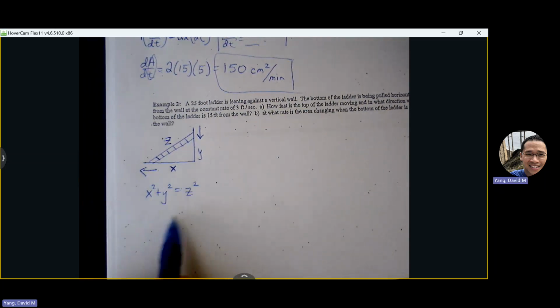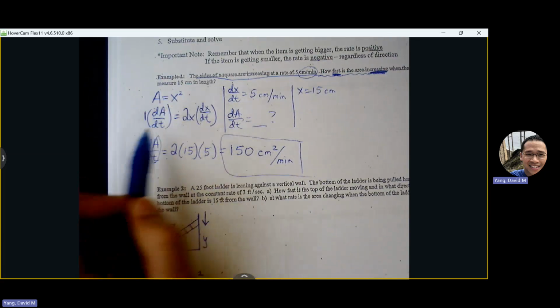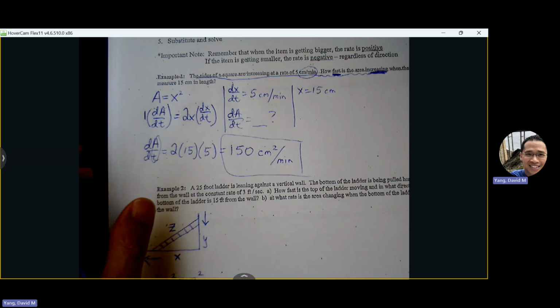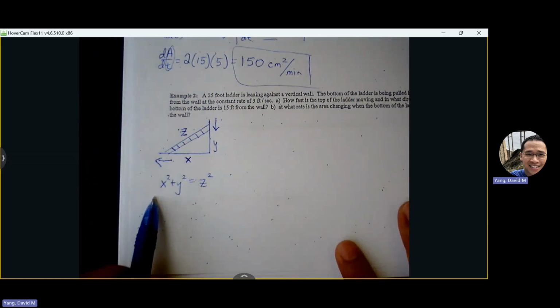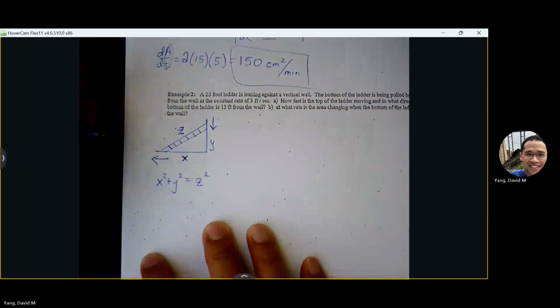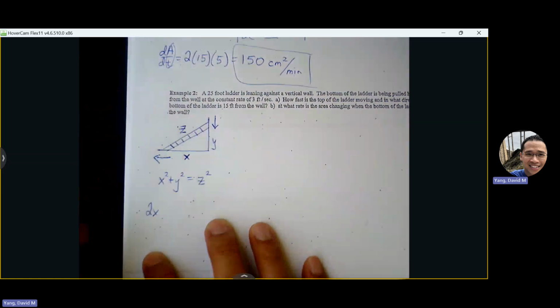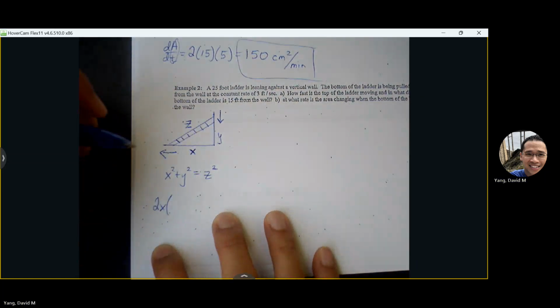And now we have our starting equation, just like how we had our starting equation for example 1. And we're just going to move into the derivative. As we move into the derivative, a d over dt will show up for each variable. So x squared, what's x squared's derivative? Yep, 2x. And we're asking for x's derivative with respect to time. So times what?